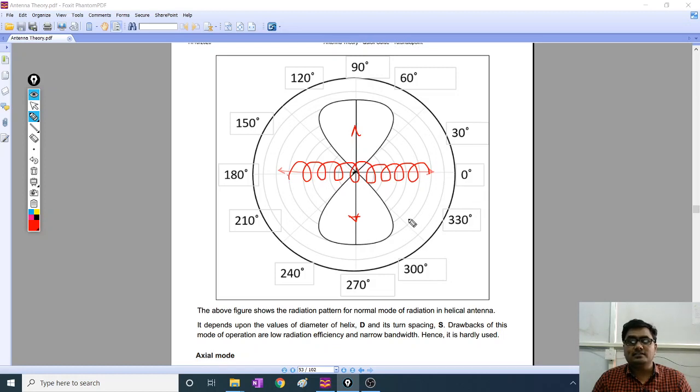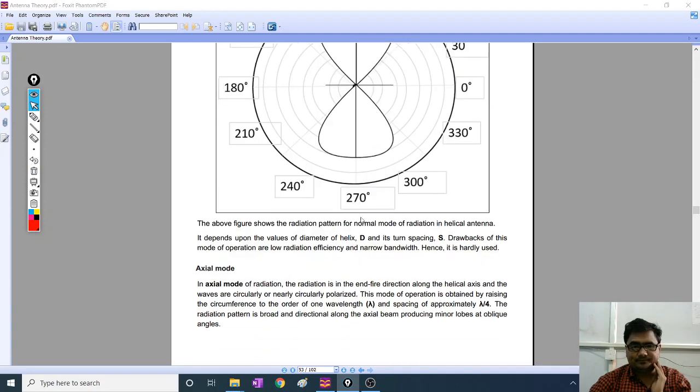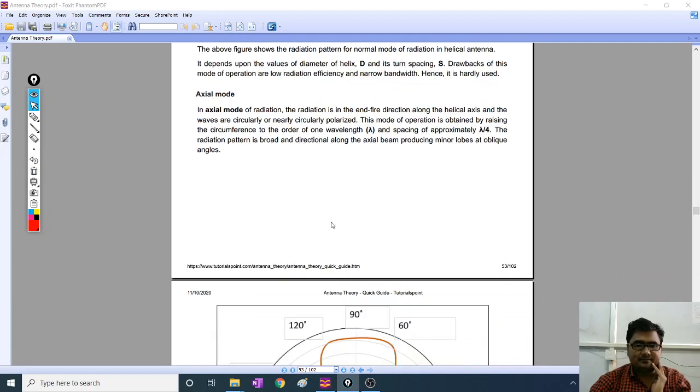So that's why it is the normal mode radiation pattern, normal mode operation of helix, or I can say normal mode helix. And what it depends on is D and S. Now apart from radiation pattern, what else is there?